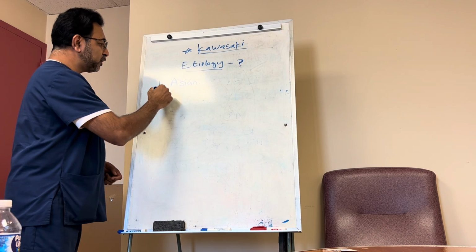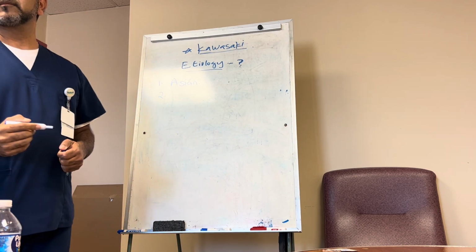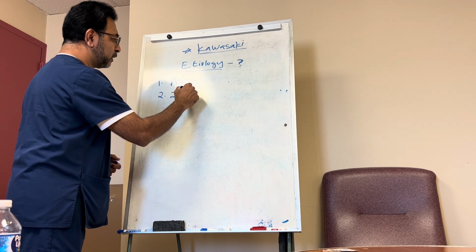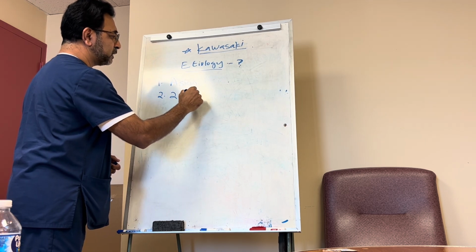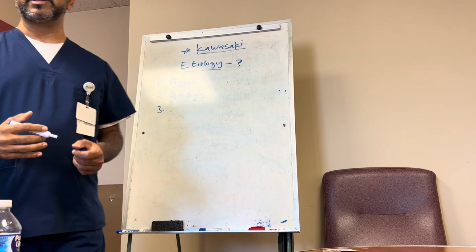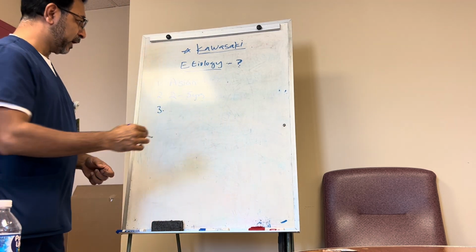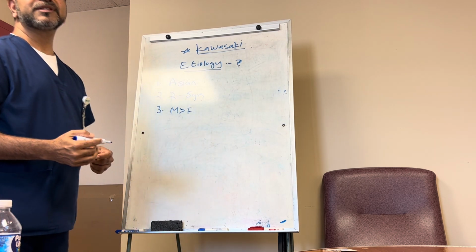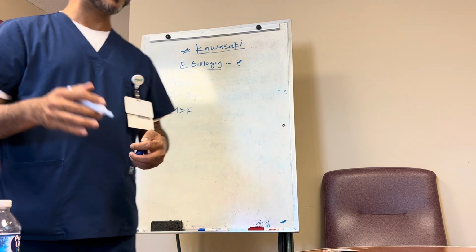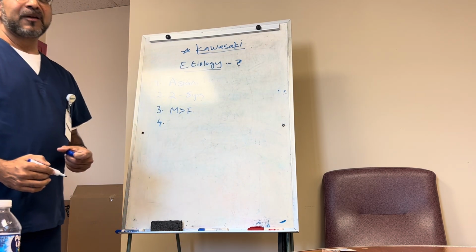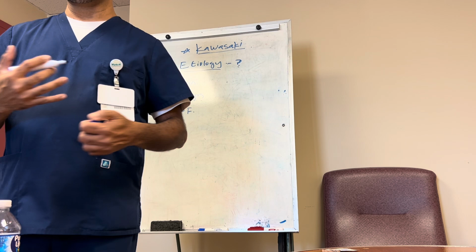And in which age group is it more common? 2 to 5. Exactly. Anywhere between 2 to 5 or 6 years. Which sex is more common, males or females? Males. It's more common among males. And which time of the year is it more common?